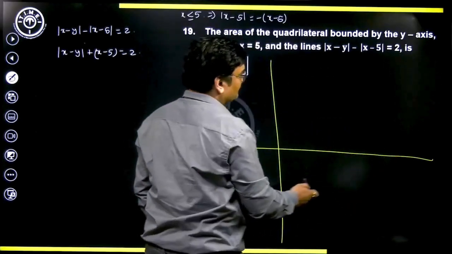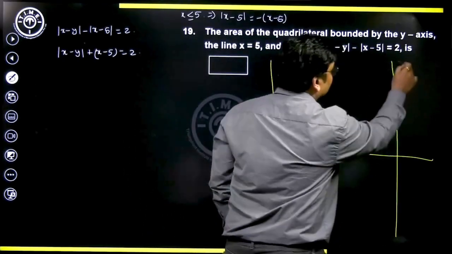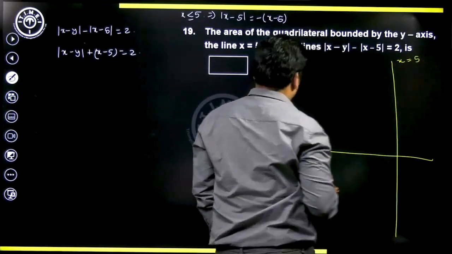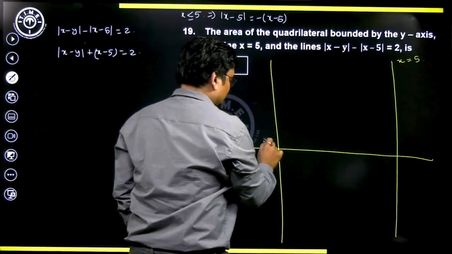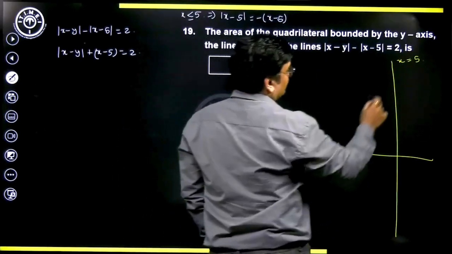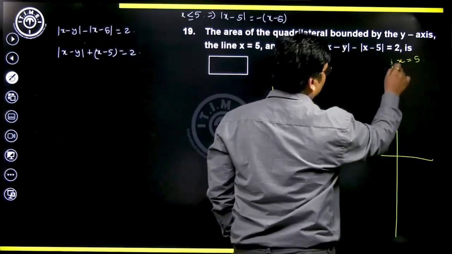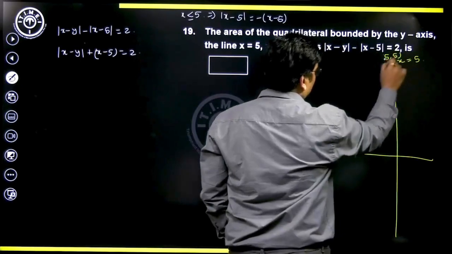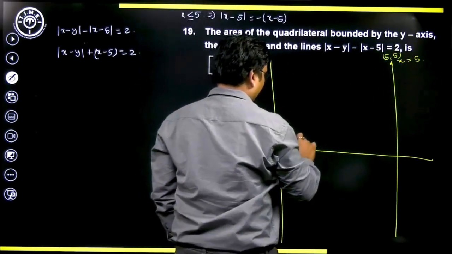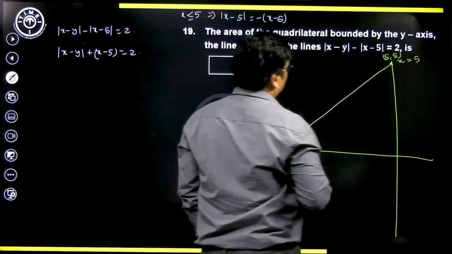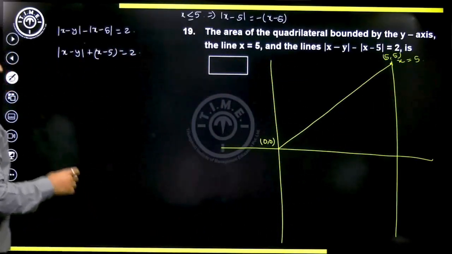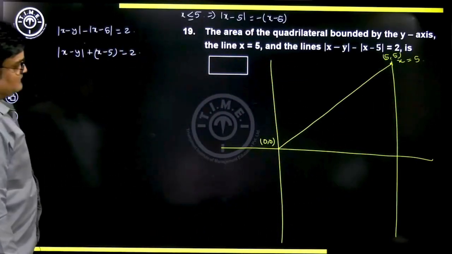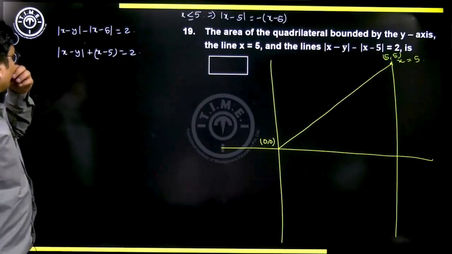this is x equal to 0, this is x equal to 5, and here the point 0, 0, and here somewhere suppose it is 5, 5. So the y equal to x line will look like this. The y equal to x line will be like this. Mod of x minus 5.